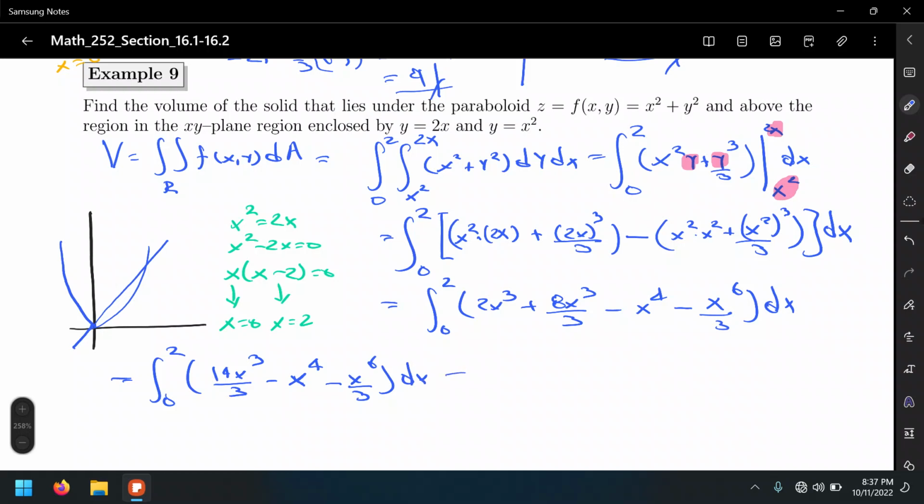And if we integrate this, we should get 14x to the 4th over 4 times 3, which is 12, minus x to the 5th over 5, minus x to the 7th over 7, but times 3, that's a 21. And that goes from 0 to 2.